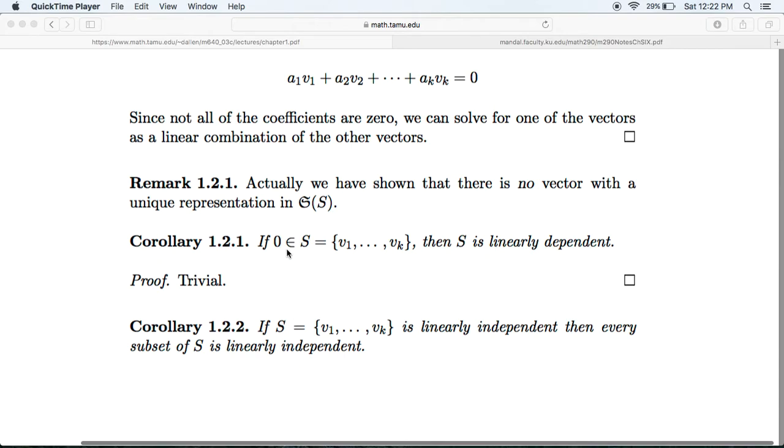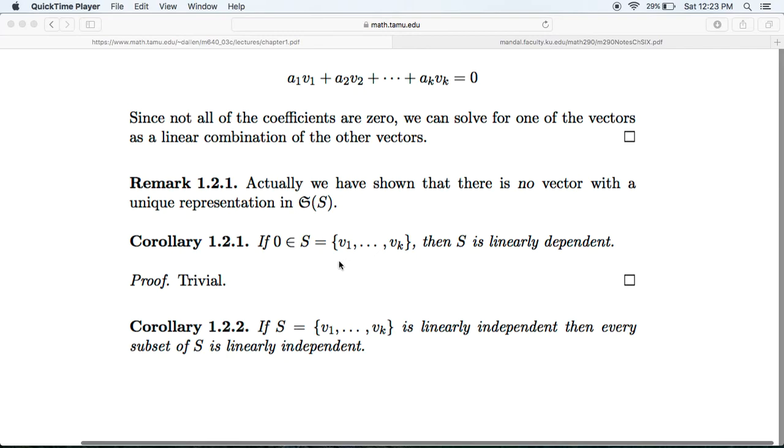Now another corollary is that if 0 belongs to this set S, if one of these vectors is the 0 vector, then S is automatically linearly dependent, because I can take, suppose vk is 0, I can take all the other coefficients ai's up to k minus 1 as 0, and any non-zero coefficient of vk, and if I add them, I'll get the 0 vector, because a1 v1 plus ... plus a(k-1) v(k-1) is 0 because all the coefficients are 0, plus ak vk is again 0 because vk here is 0.